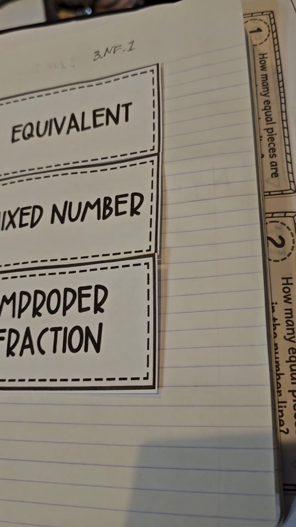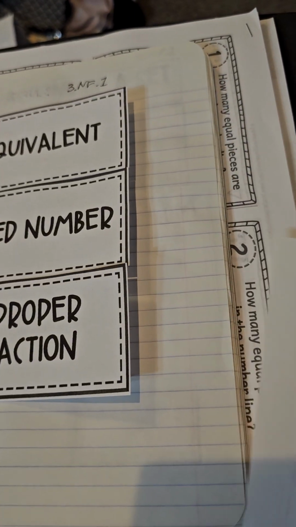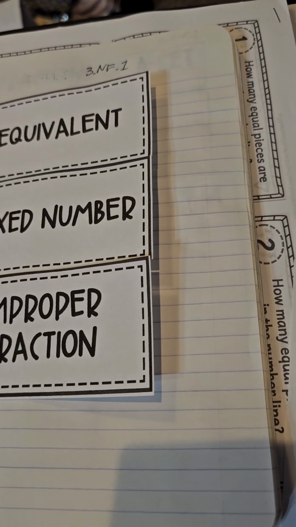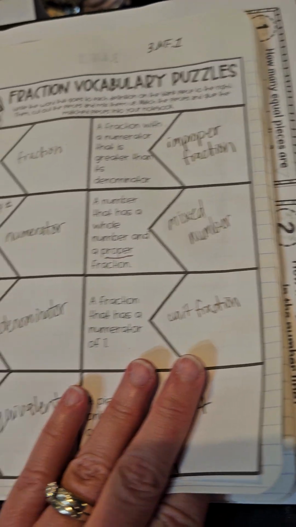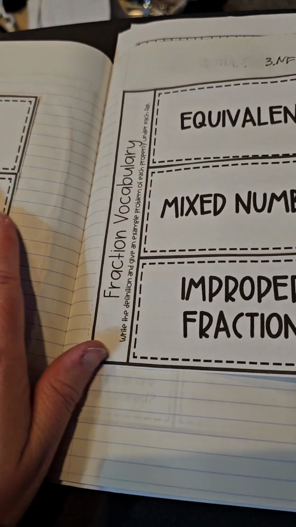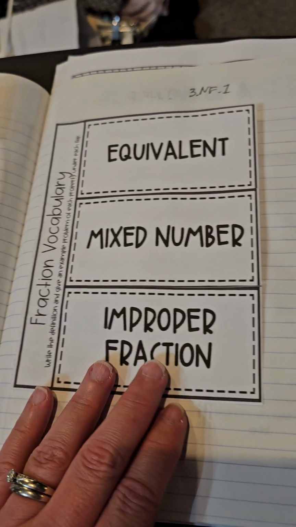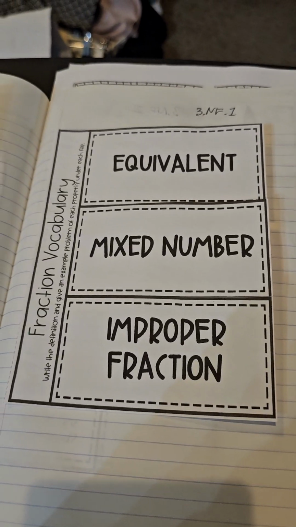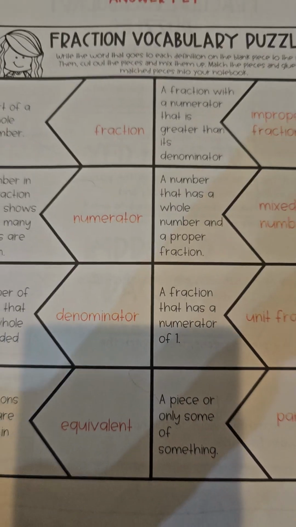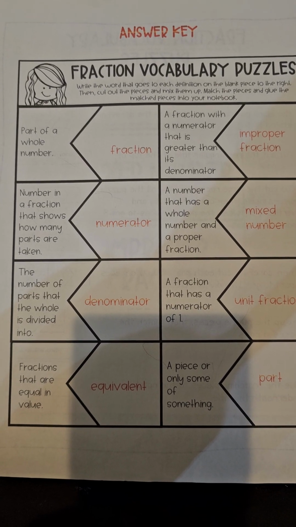Turn the page. And what I want you to do is take the definition page from here, and write the definitions under your flaps. Okay? I'm going to put the phone over this, and you can pause the video.